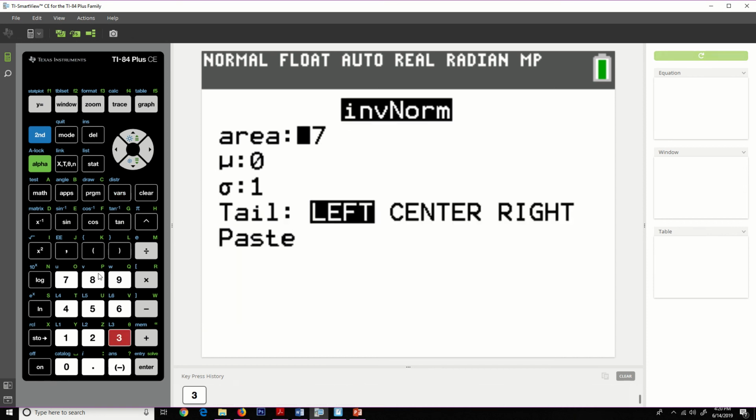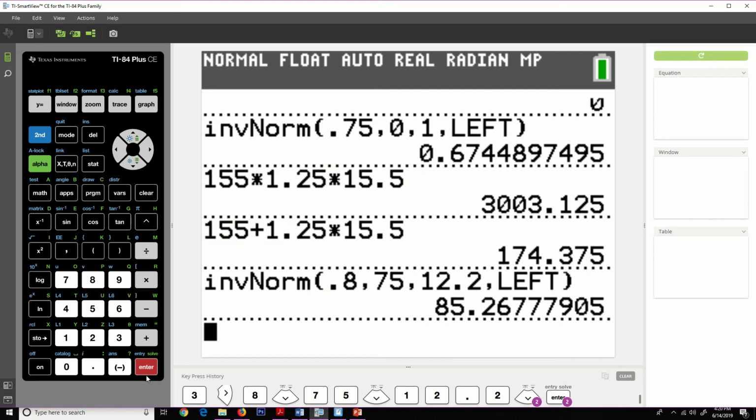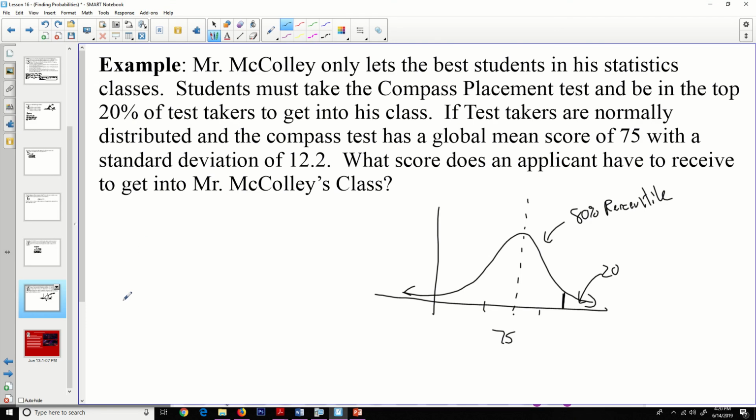So do the inverse normal. We still want the area to be 0.8, but our mean for this one is 75, and our standard deviation is 12.2, and since we're doing it as a percentile, not the top 20%, we'll leave it as left. Paste, hit enter again, and on the COMPASS test you're going to need an 85.26 if they give partial credit on the test.